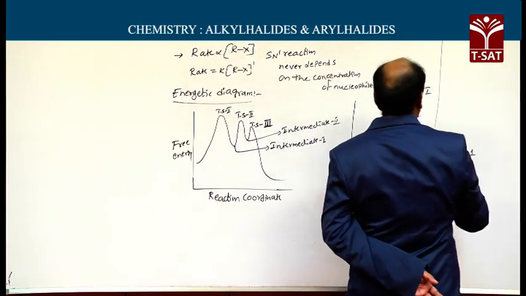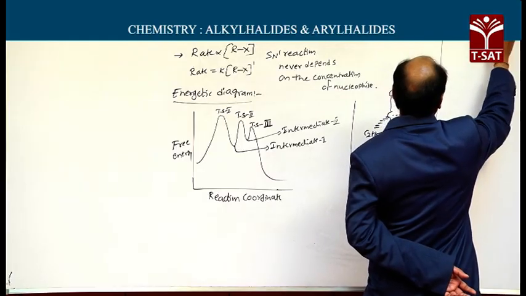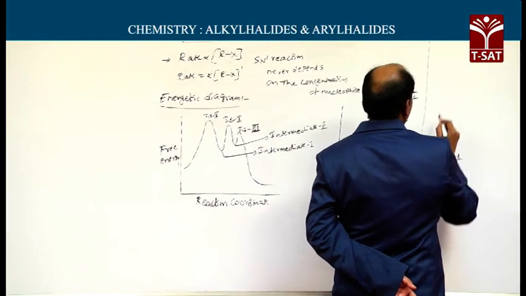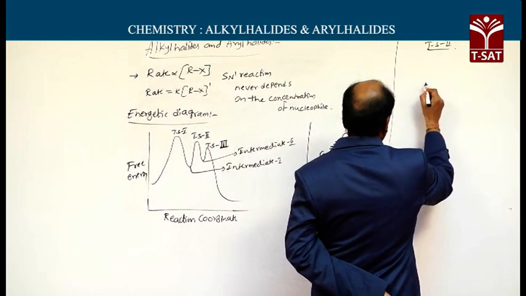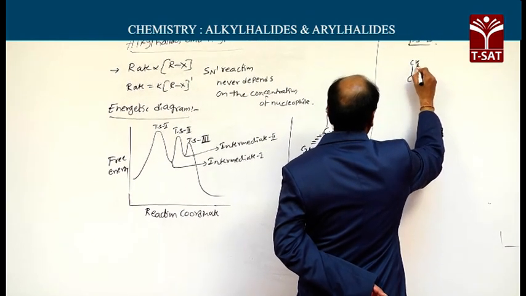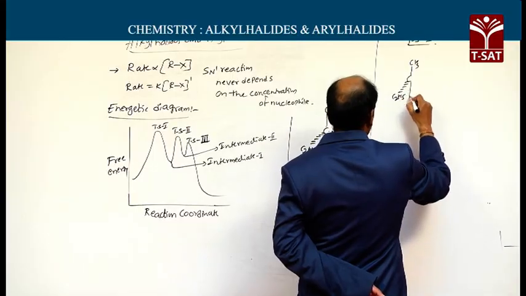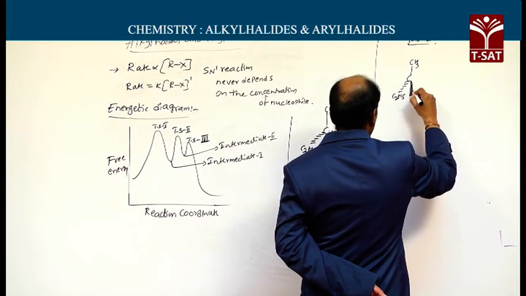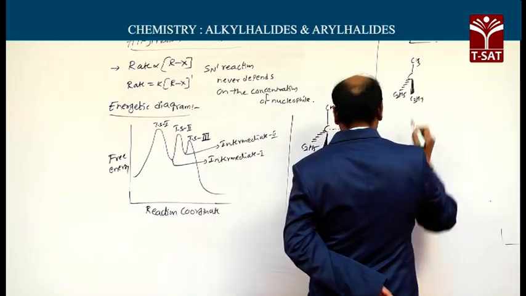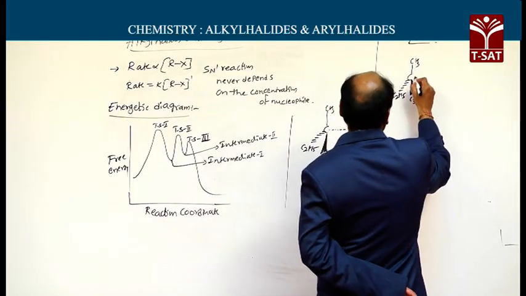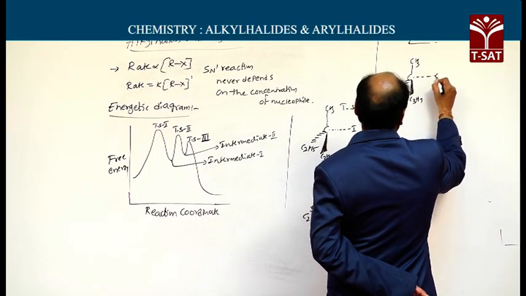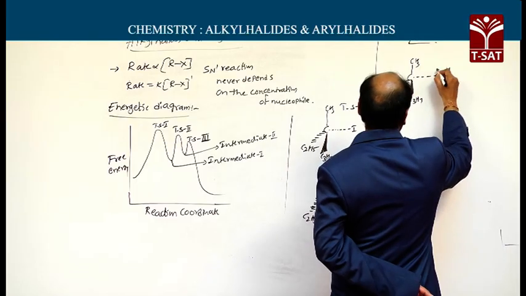Next one, transition state 2. In transition state 2, the formed carbocation, here we have CH3, C2H5, and C3H7. So here is the attacking of OH, here it is plus.